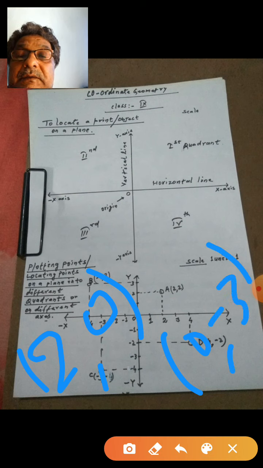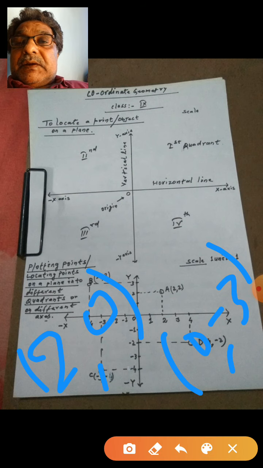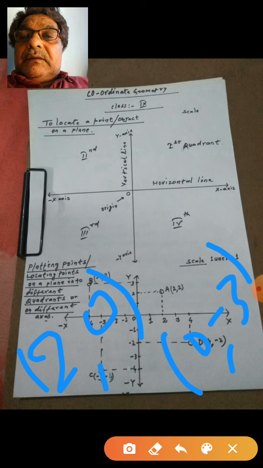Let us consider such points whose one coordinate is 0, where these points will belong. First thing, you remember this: whenever you see that given coordinates are such that one value is 0, note it, such points will not belong to any quadrant.